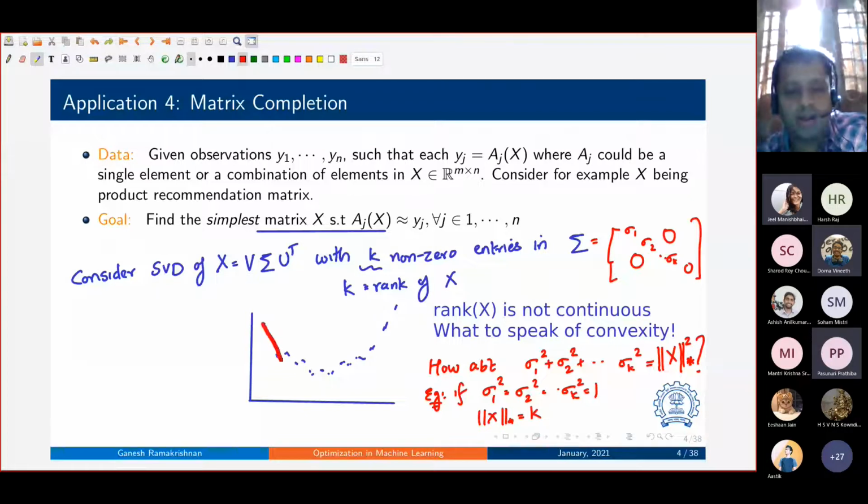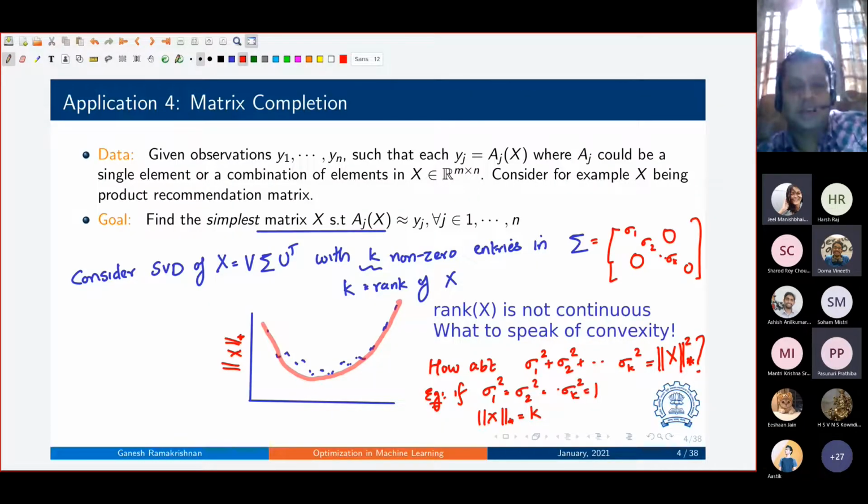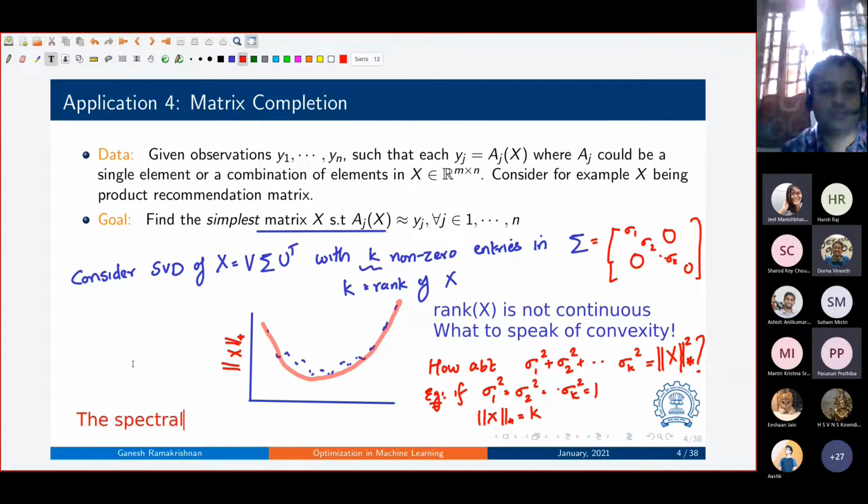If you plot the so-called spectral norm, X star, it'll be the tightest enclosing convex envelope around the rank function.